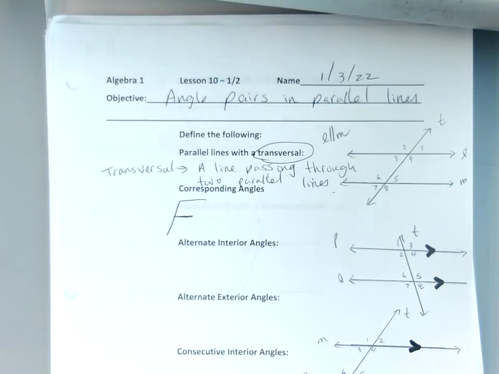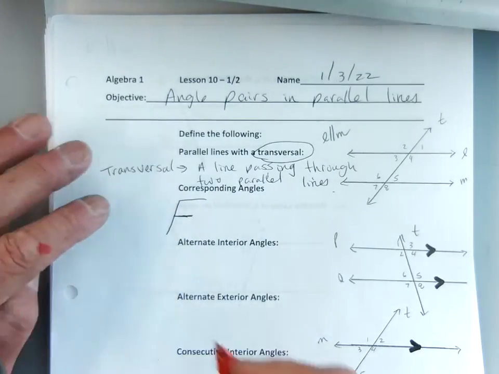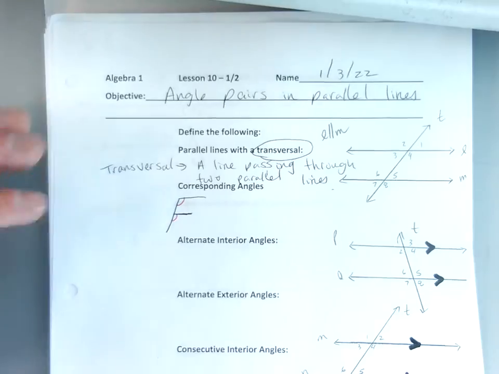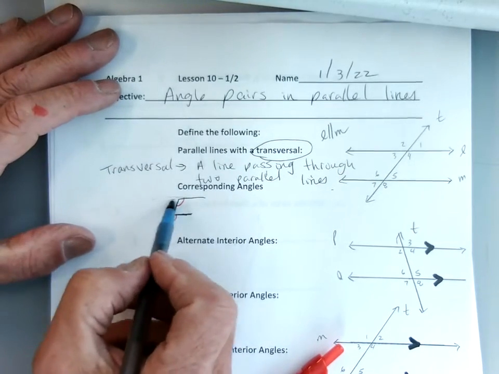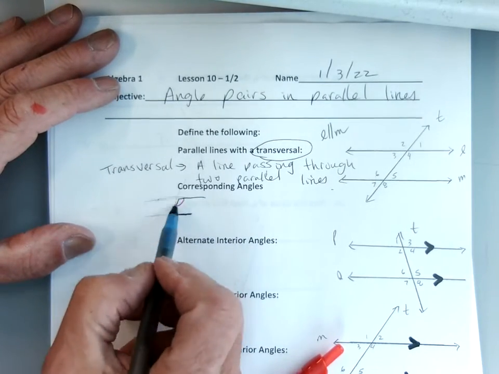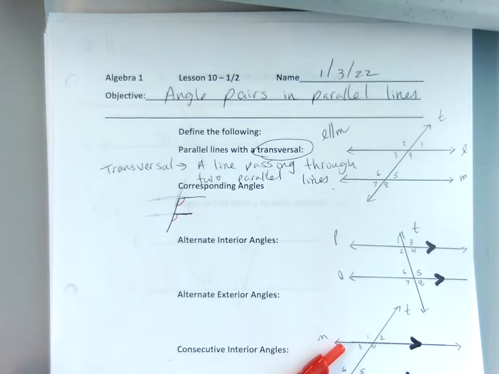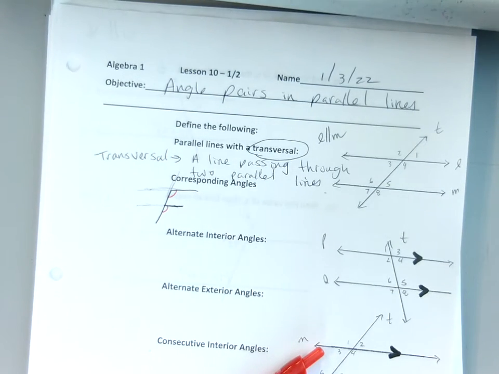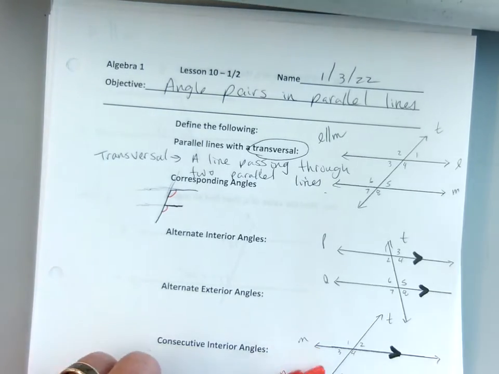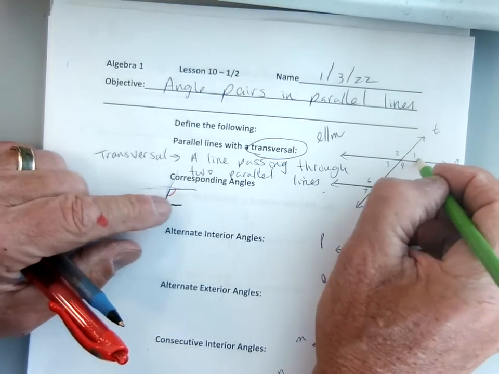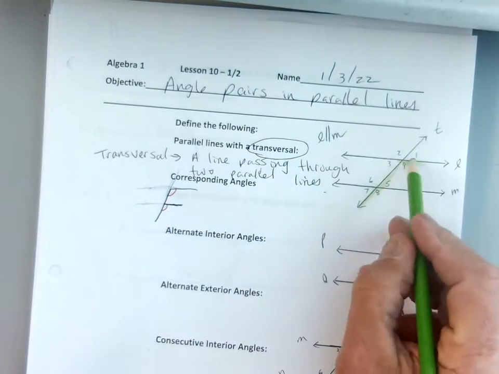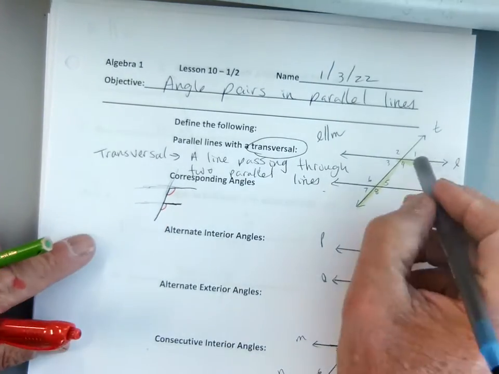So I'm going to go ahead and draw you a picture so you can find the F. Then in my first example, we've got quite a few corresponding angles. For instance, 4 and 8.